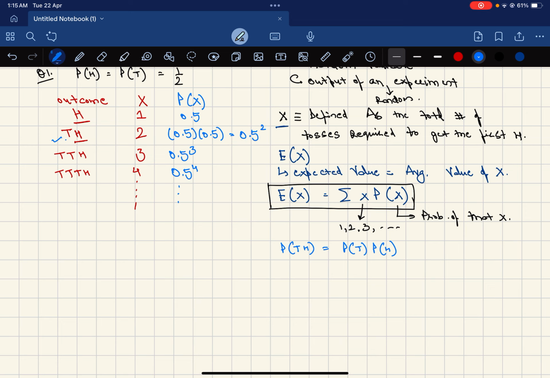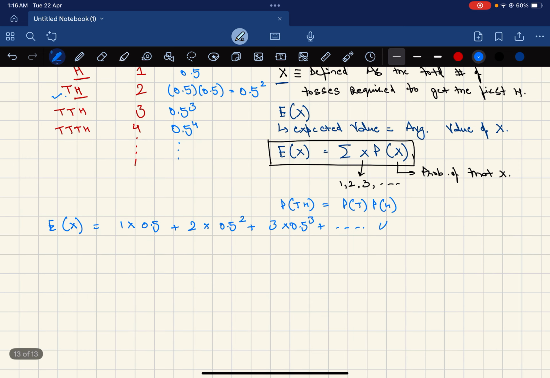So the expected value is now calculated as 1 into 0.5 plus 2 into 0.5 square plus 3 into 0.5 cube plus so on. This is like an infinite series for which we need to calculate the sum.